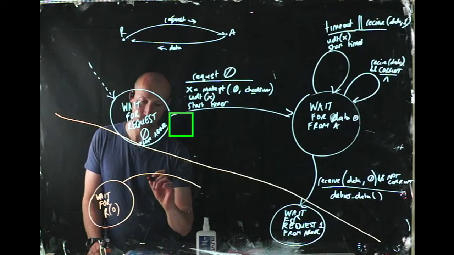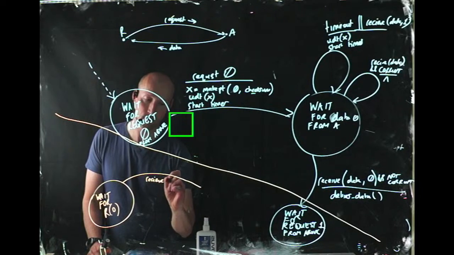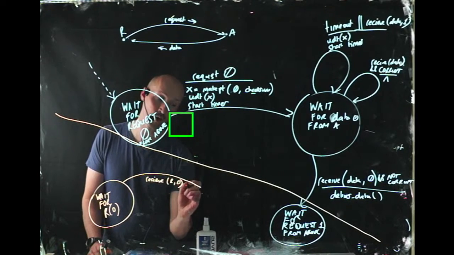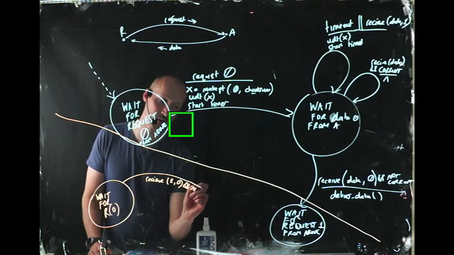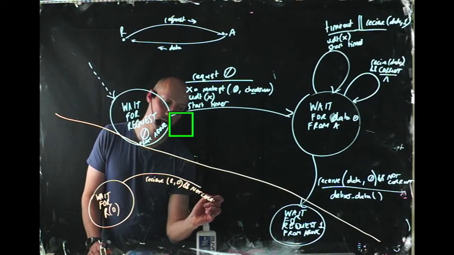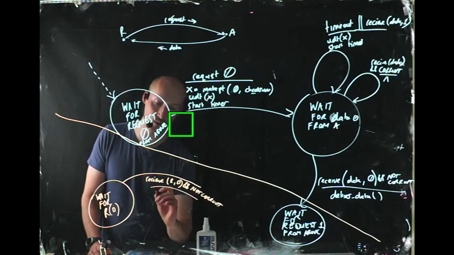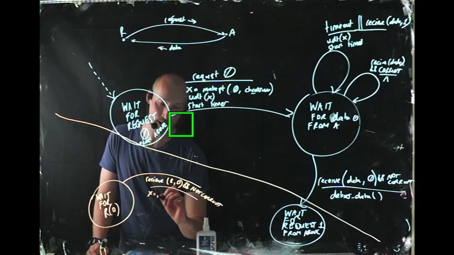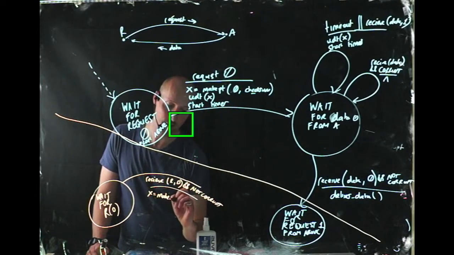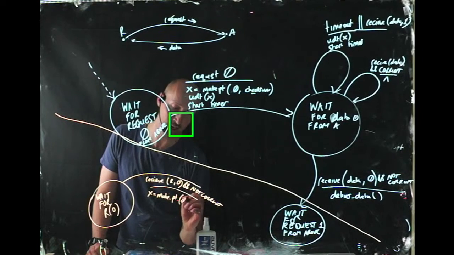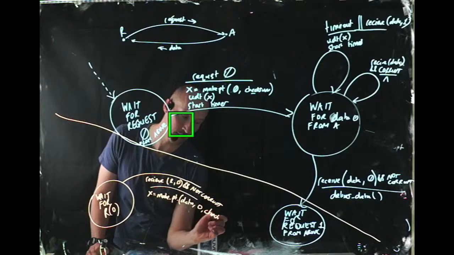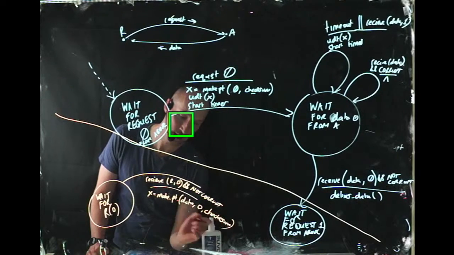So the event here would be: receive request 0 and not corrupt. What do you do? Then you make a packet, so x equals make packet, with data, put your data inside it, put the sequence number 0 on there, and put a checksum in there as well. And send it.